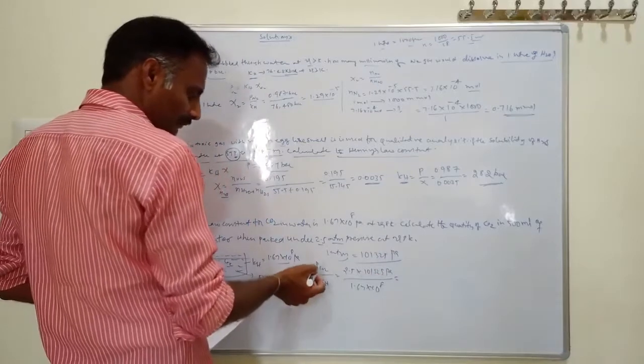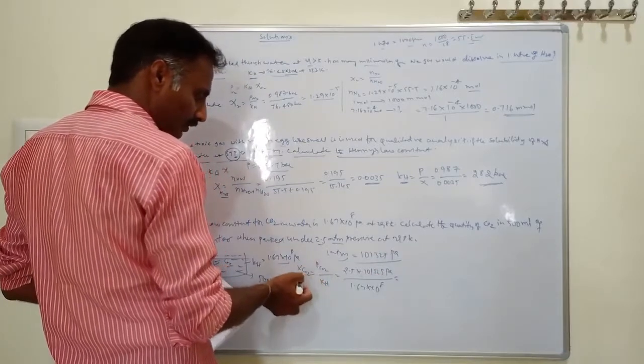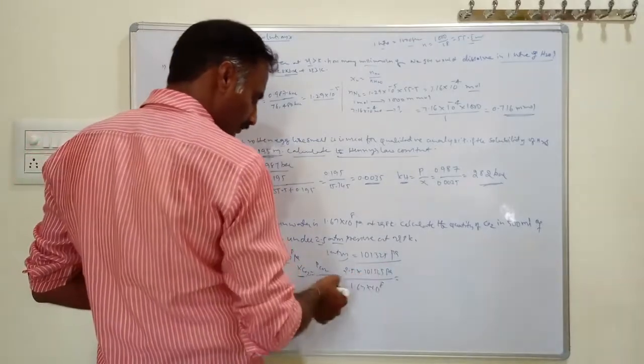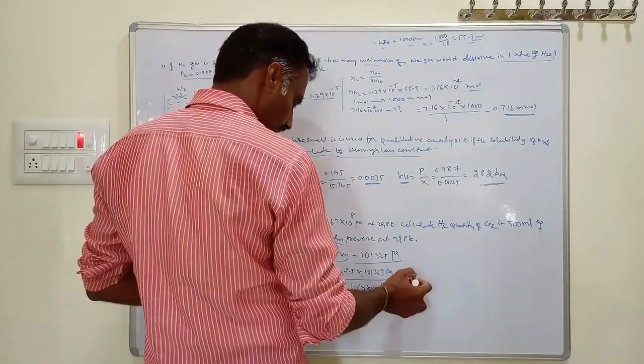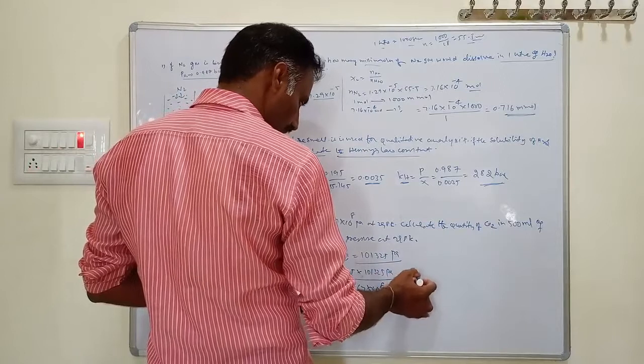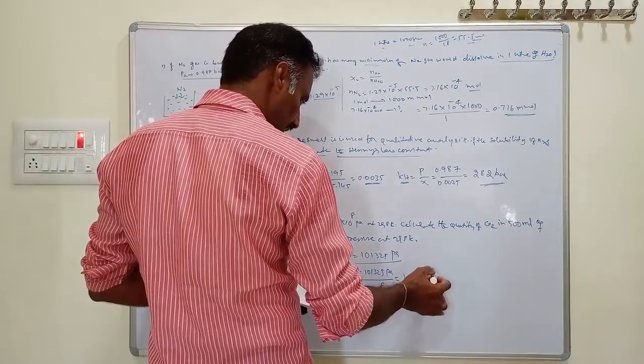This partial pressure divided by the Kh value gives the mole fraction of CO2. This value we will get is 1.517 into 10 to the power of minus 3.